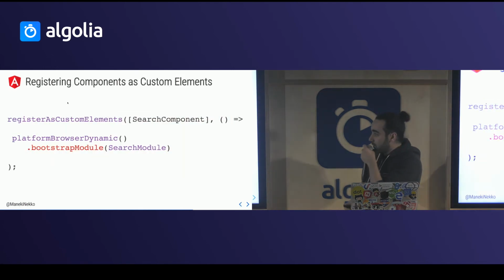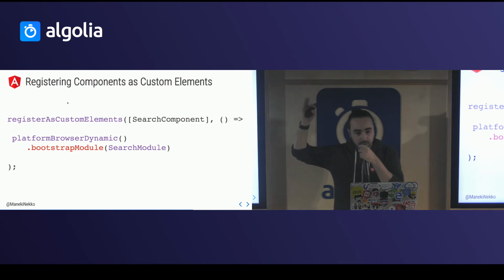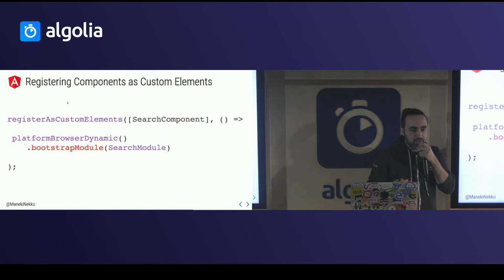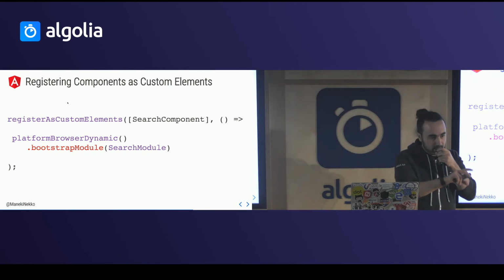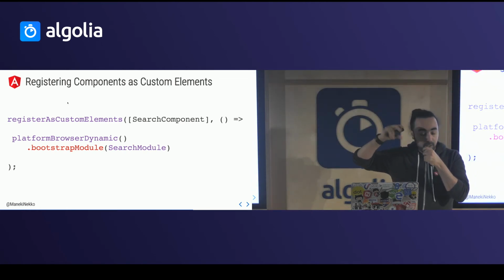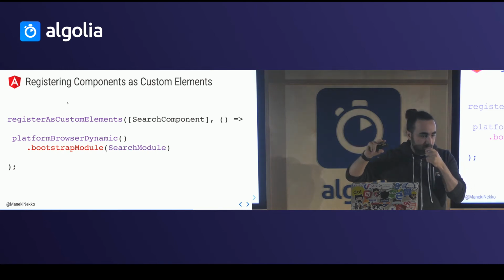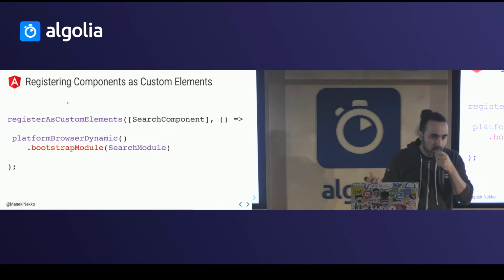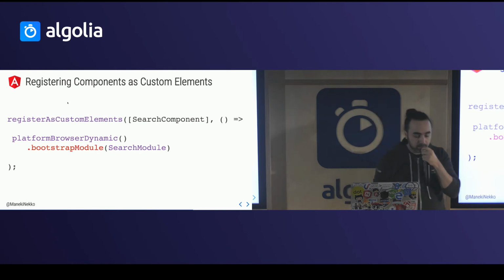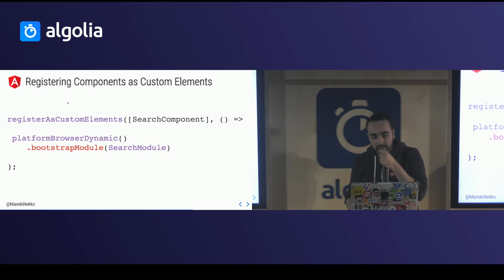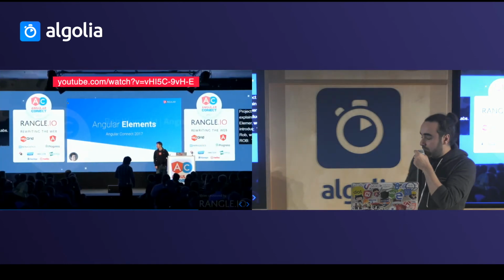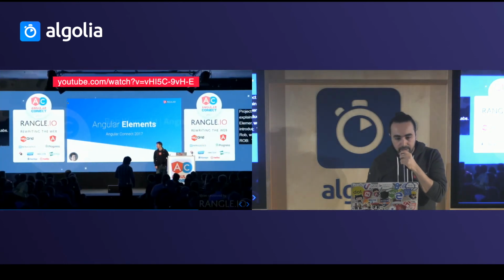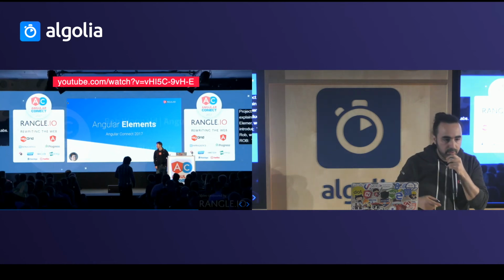So next, you would take your, for instance, search component and register it as a custom element. Then you could use this component with React, with Vue, with JavaScript, anything that is web, without any issue, and without a black box actually. Rob from the core team gave a talk at last year's AngularConnect, so you can watch his video.